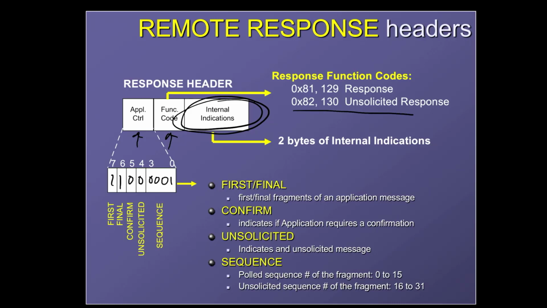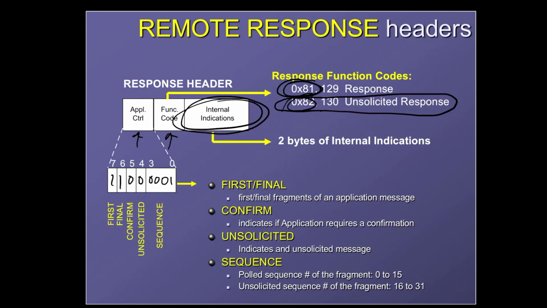Okay, unsolicited response has a function code of 82. Rarely going to see that, of course, based on, I doubt you'll be working with unsolicited responses or quiescent networks. So chances of you seeing that are slim to none. But this is the one that you'll see all the time.